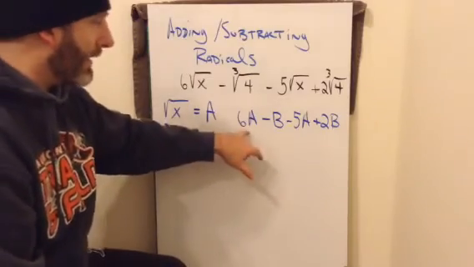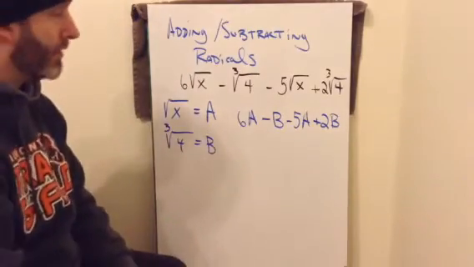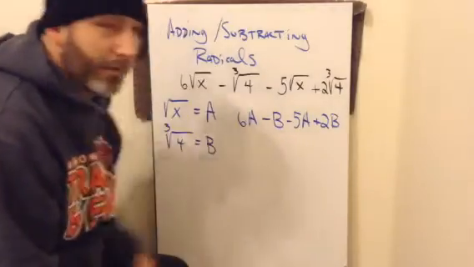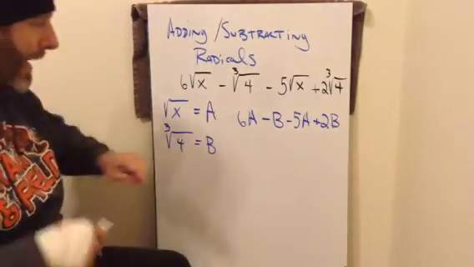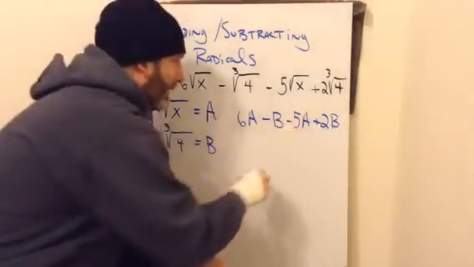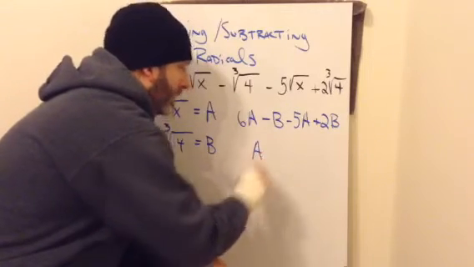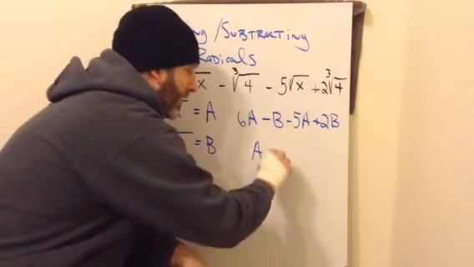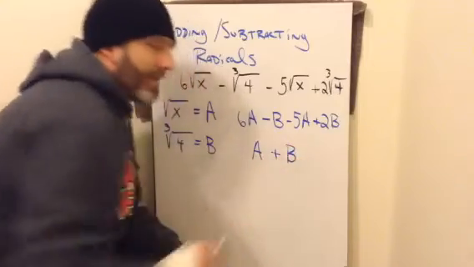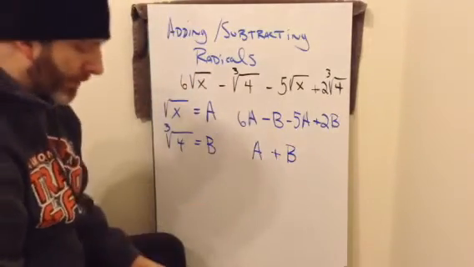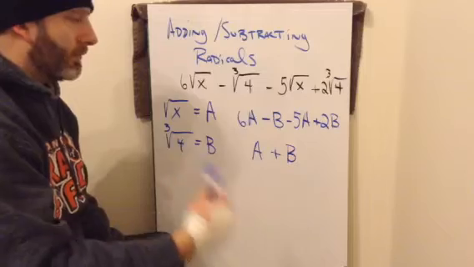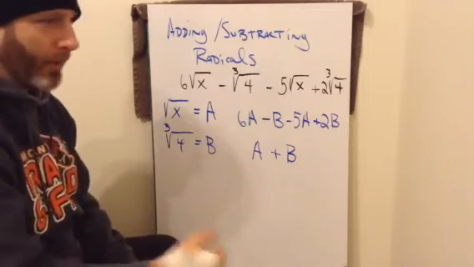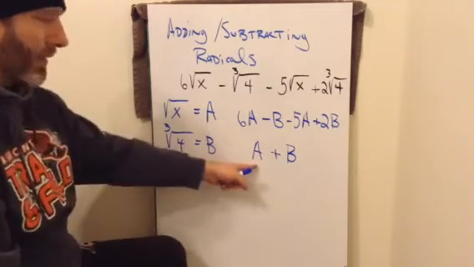Here we know that the a's are the like terms, and the b's are the like terms. So if we combine those, 6a minus 5a is a, and negative b plus 2b is just b. If I ask you why you can't add those, you would tell me, because they're not like terms.